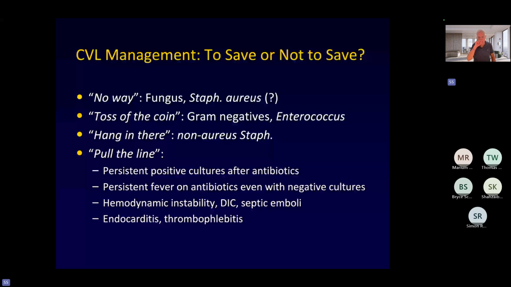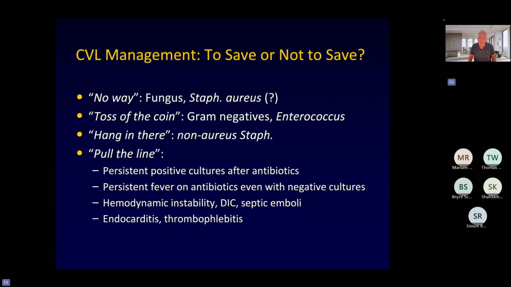Okay, so whether we should save or not save the line. Fungal infections in general, you're going to have to take out the line. Staph aureus used to be an indicator for taking out the line, not so much anymore, but one has to be very careful about the management of Staph aureus and assure that the patient is responding to appropriate therapy.